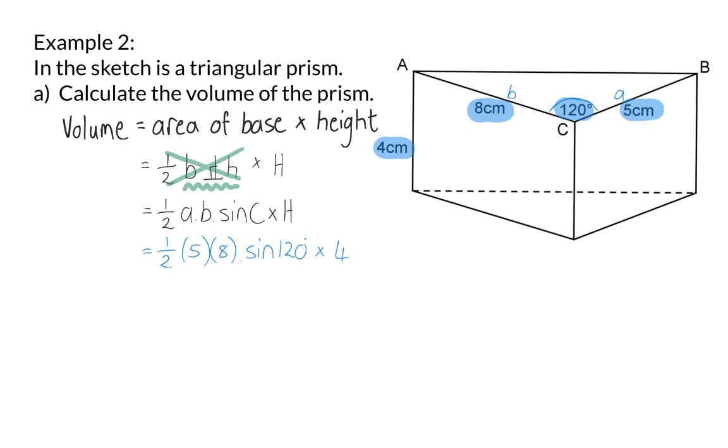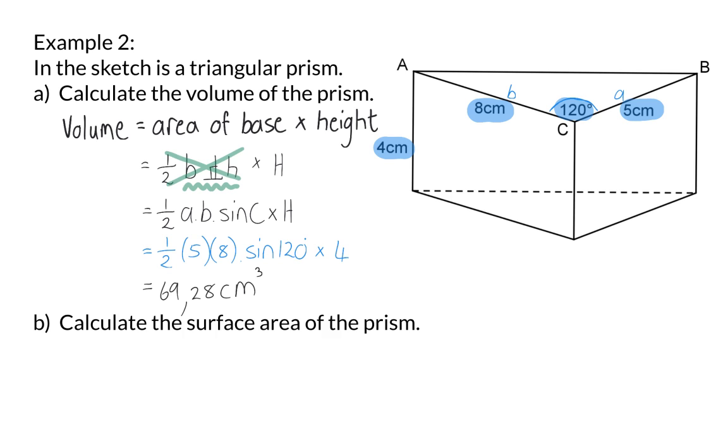The volume of this triangular prism will then be 69,28 centimeters cubed.